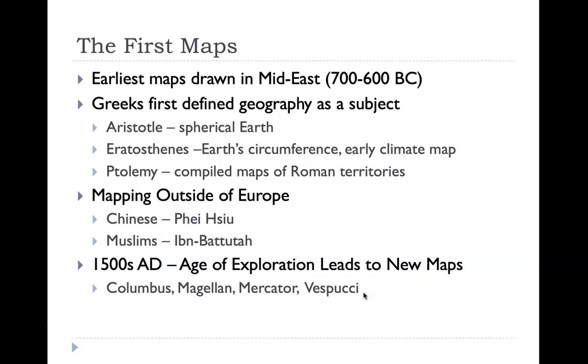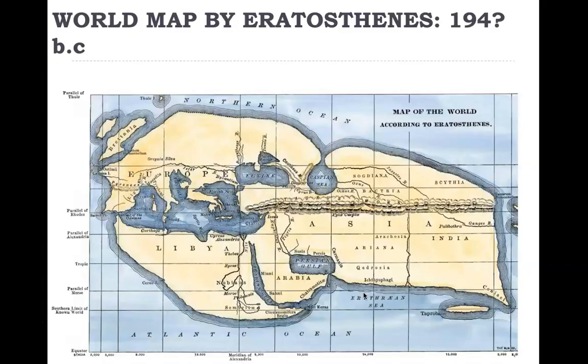You have people like Columbus, who needed maps, Magellan, right, who was the first to navigate the globe. You have a guy named Mercator, who comes up with the Mercator map projection, right? And then you have a guy named Vespucci, whose first name was Amerigo, for which we get the name America, as in North and South.